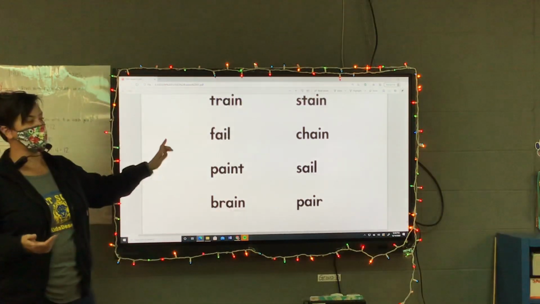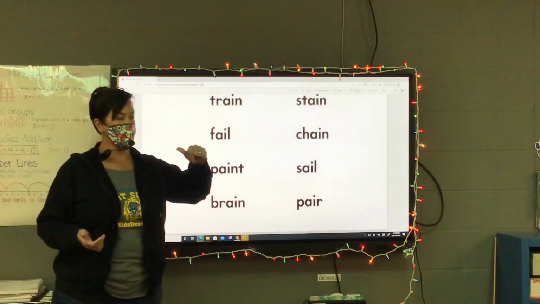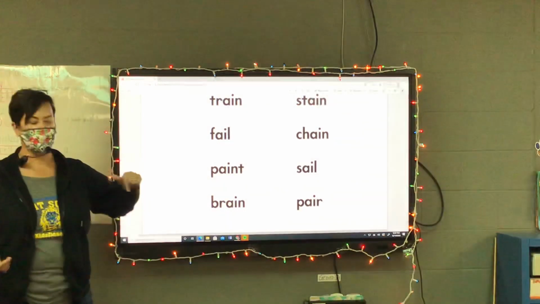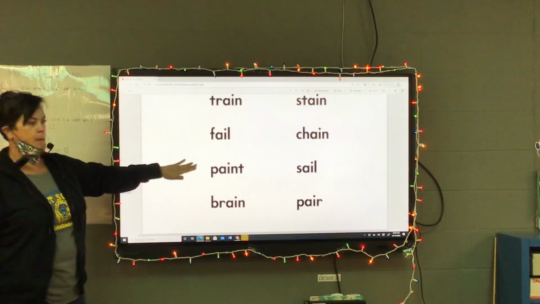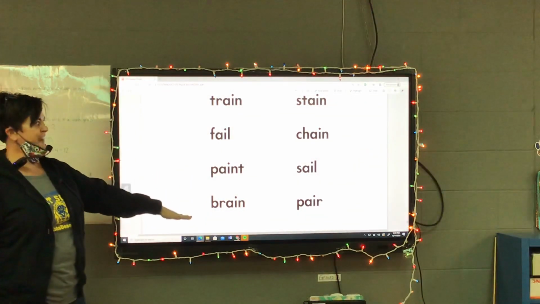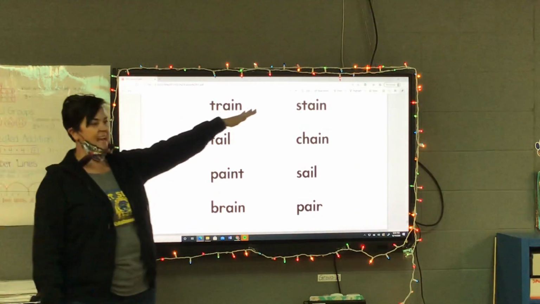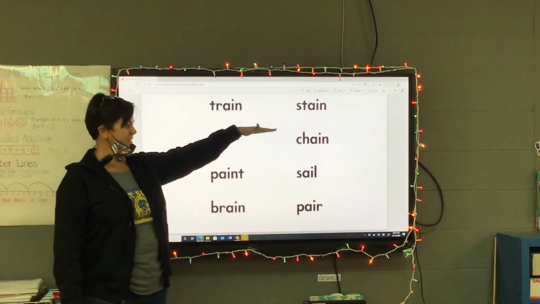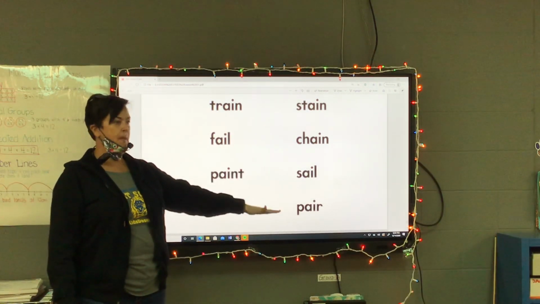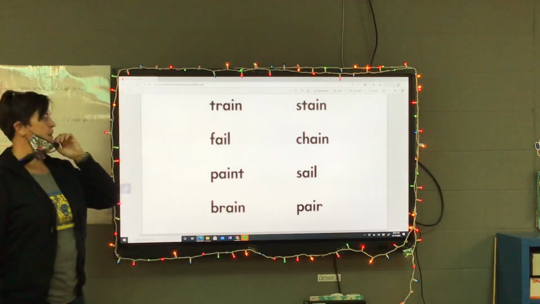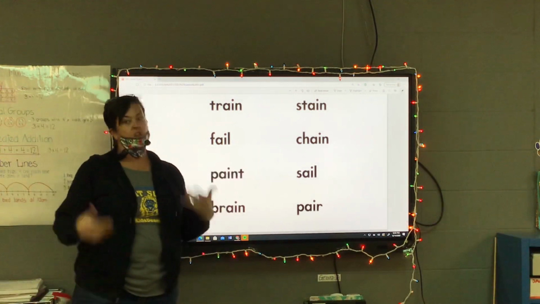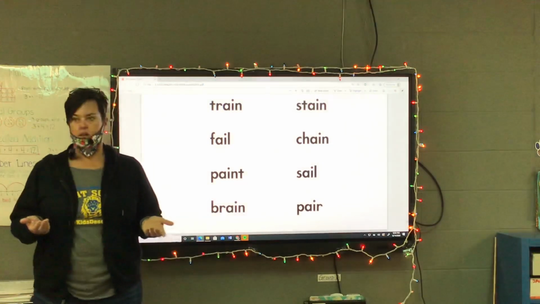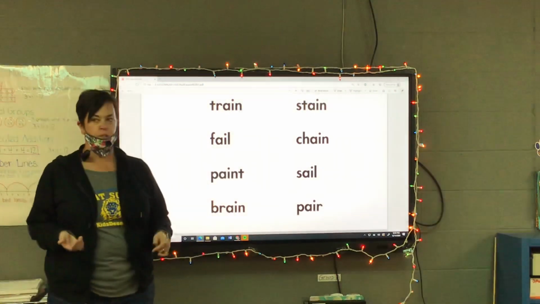Let's read through these A words. Are you ready? Train, fail, paint, brain, stain, chain, sail, pair. All right, so now, is this like I got something on sale at the store? No. Which sale is this one?